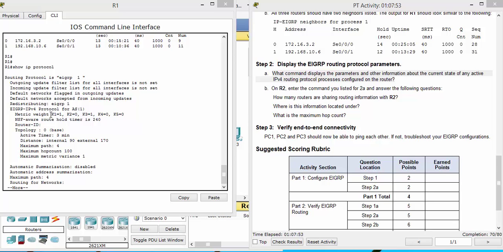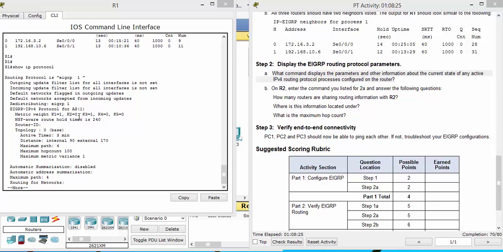By default, K1 and K3 are always 1, and K2, K4, and K5 are set to 0. So the result is that only bandwidth, which is K1, and delay, which is K3, are used in computations of default composite metrics.